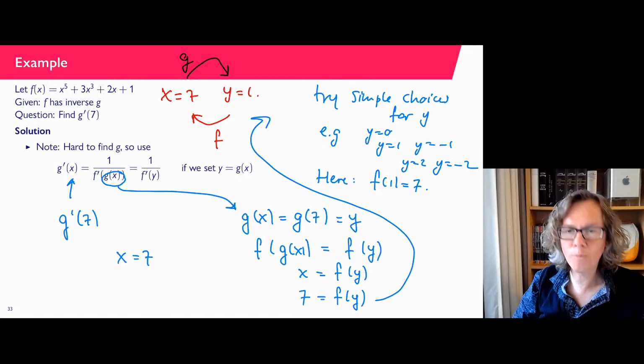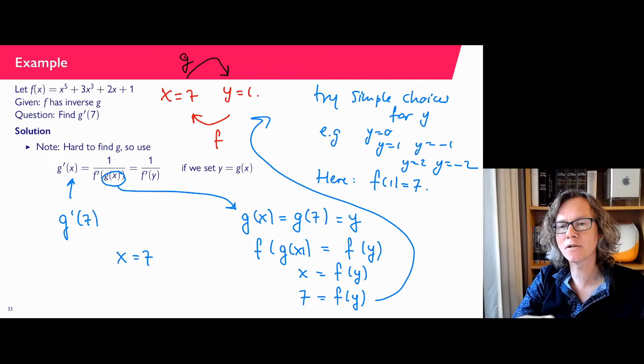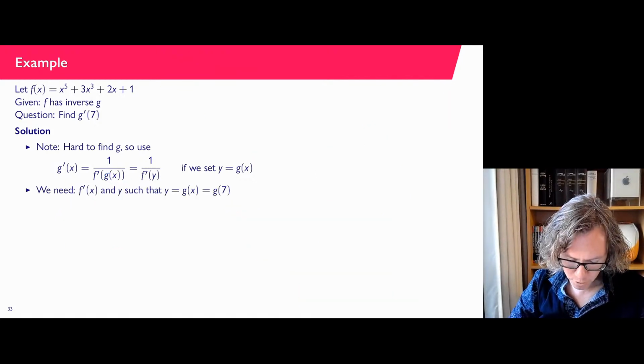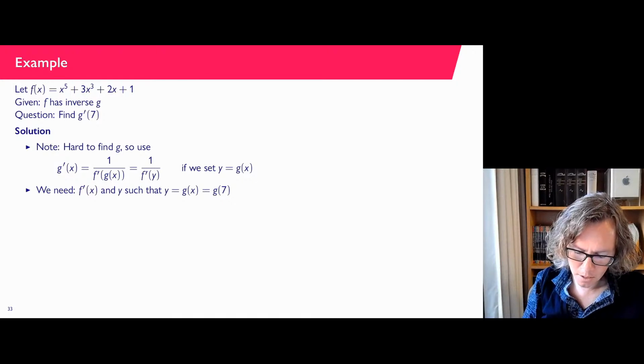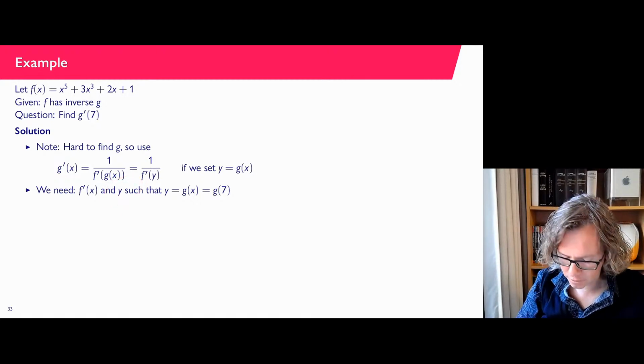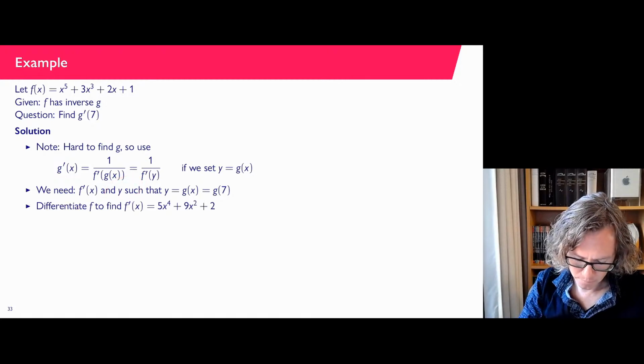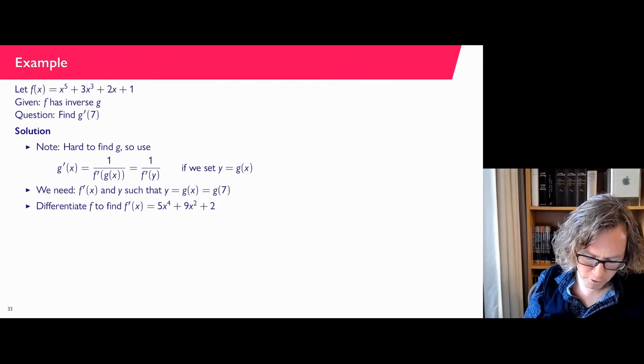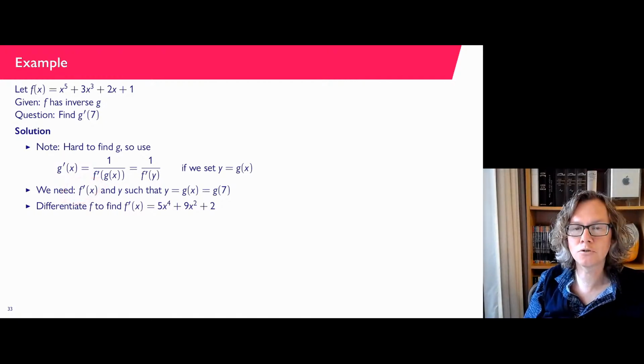So we want to use this formula, and we need this little transformation in between the 2 points. So what I'm going to do is we need f prime x, and we need this y value. The y value, we just covered that. To find f prime x, well, that's easy, just differentiation.